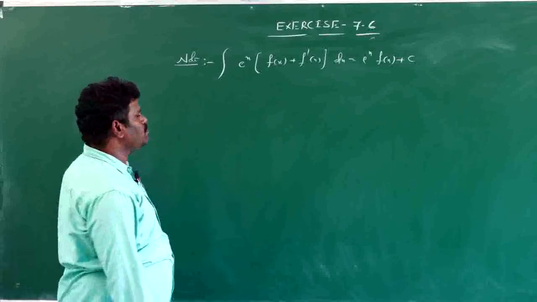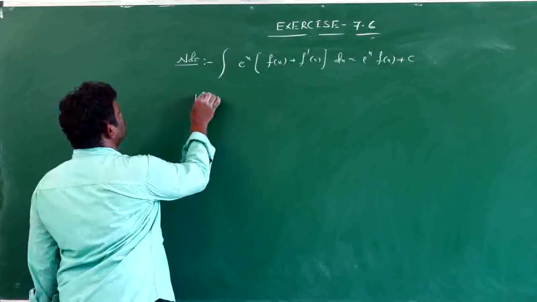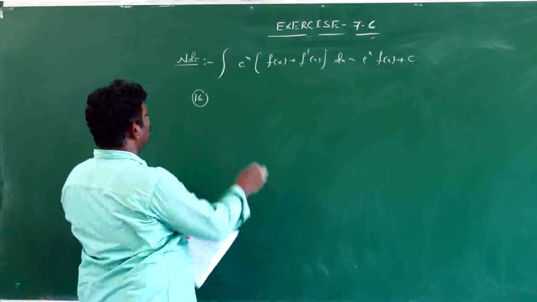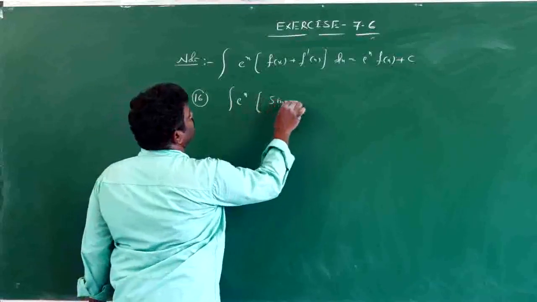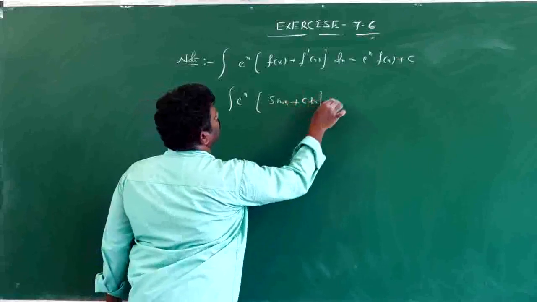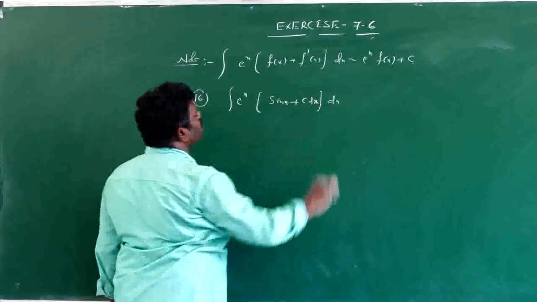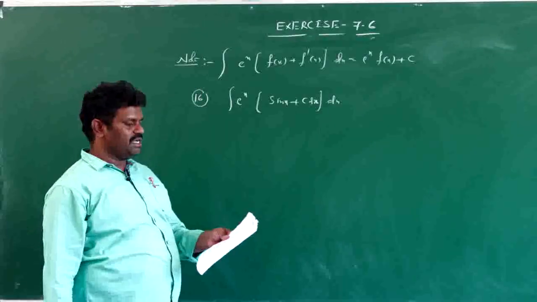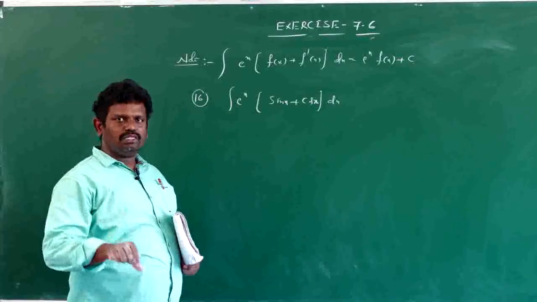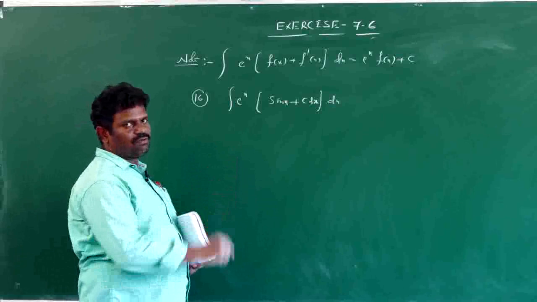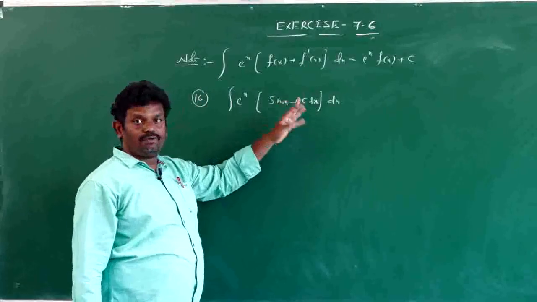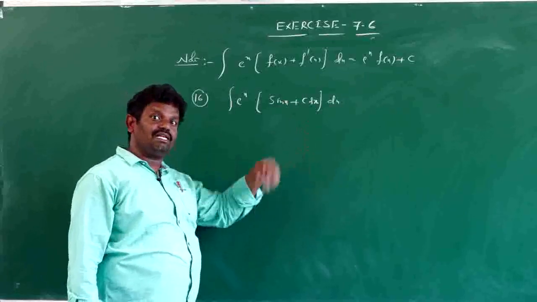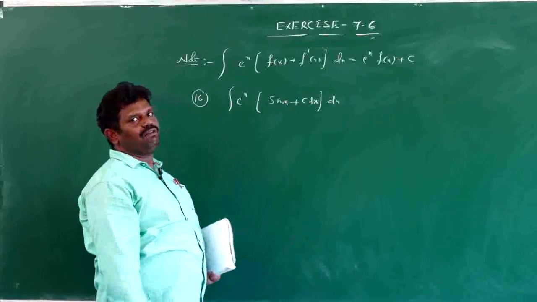Some questions are given related to this. The 16th question: integral of e power x into (sin x plus cos x) dx. We compare this with the above formula, integral of e power x (f of x plus f dash of x). We don't know f of x and f dash of x. First we select f of x, then the other is f dash of x.